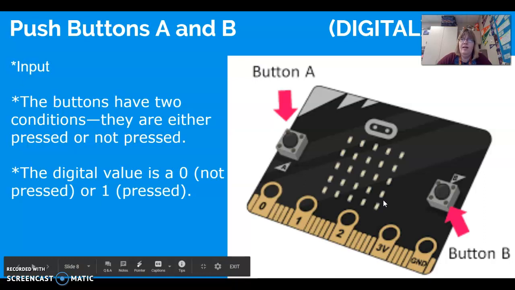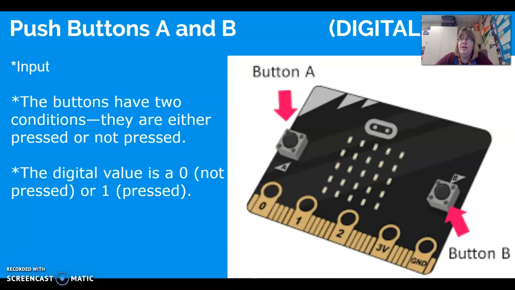You are going to be doing 2 input challenges today. The first one is the push buttons, and the second one is a light sensor. I have tutorial videos over both of these posted as well, so you can look at those for further information. But I'm going to quickly skim through the push buttons and the light sensor for you.